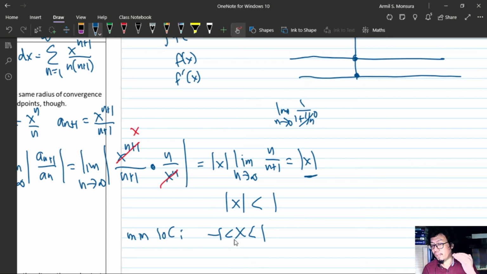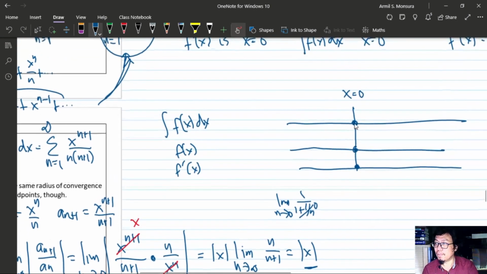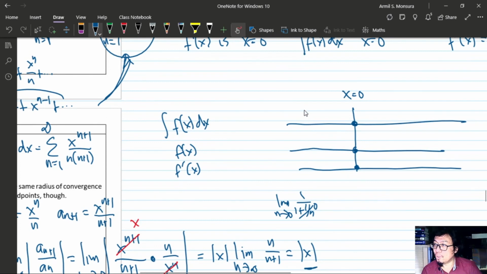You can do that for f prime of x and the integral of f of x, and they would all return the same. So from the center, we will know that at x equals -1 and x equals 1, these three series would converge within this.